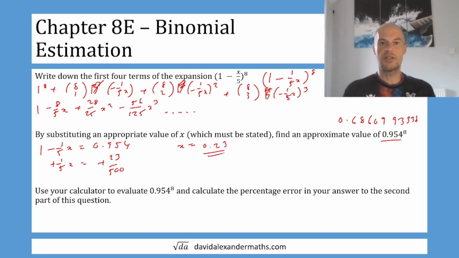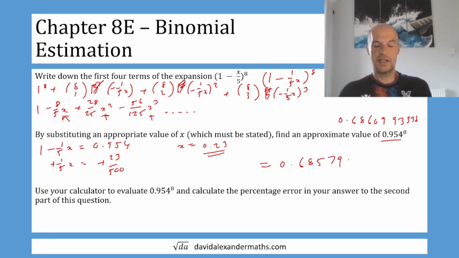So what we are doing is we're substituting the 0.23 into our expansion here. So 0.23, going to hit equal so I can recall it using my answer button. 1 minus 8 answer divided by 5 plus 28 answer squared divided by 25, subtract 56 answer cubed divided by 125, and I'm getting 0.6857971884.